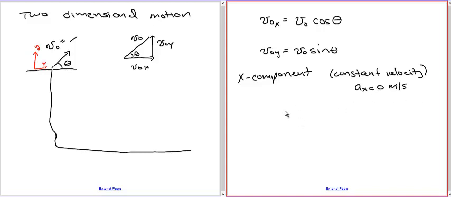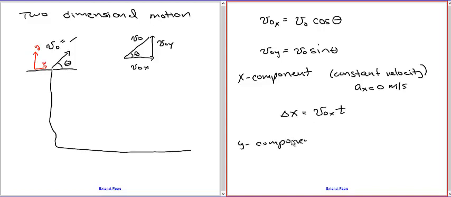What falls out is that the change in x position, or the x displacement, is equal to the x component of velocity times the time. This is the initial x component of velocity, and after some period of time it's traveled a certain distance, a linear equation in t.